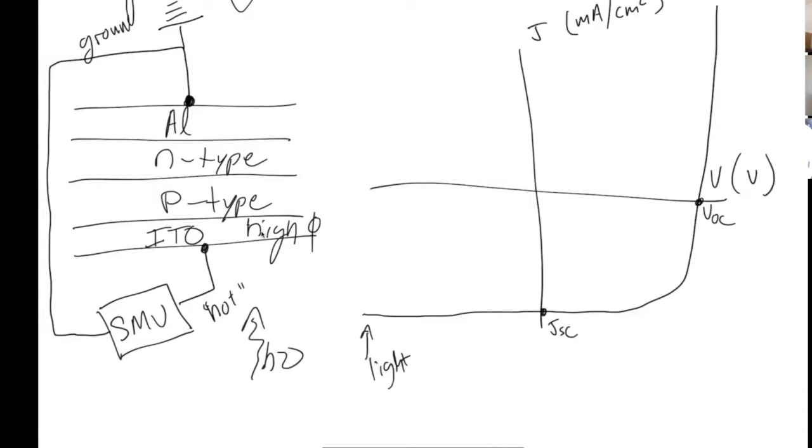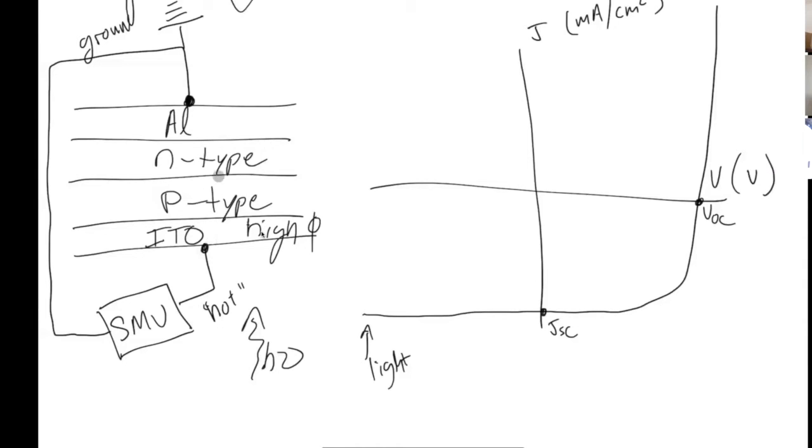This is called the conventional architecture, where the transparent electrode is the one that transports the holes and through which the light first passes. When the light gets to the reflective electrode up here, this is the aluminum, then you actually get a second chance for the device to absorb the light after the photons bounce from the aluminum back through this way.